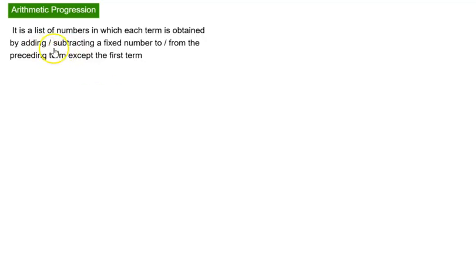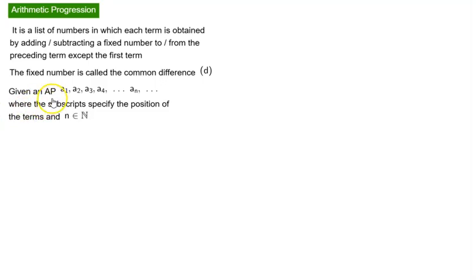Because remember, in the previous session, I mentioned that the common difference can be positive or negative. So the fixed number is called the common difference, and usually we use D to represent it.